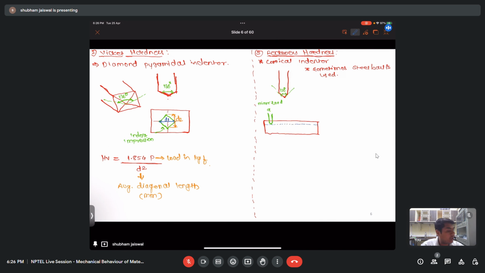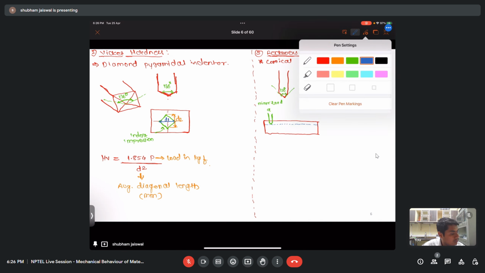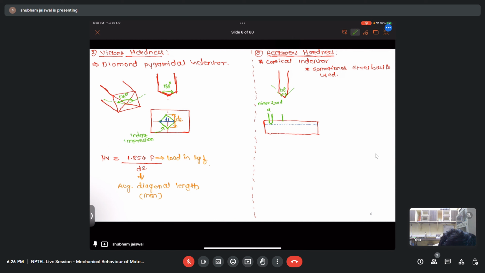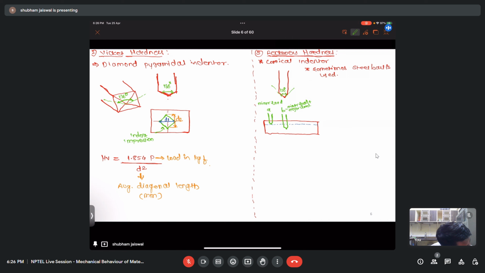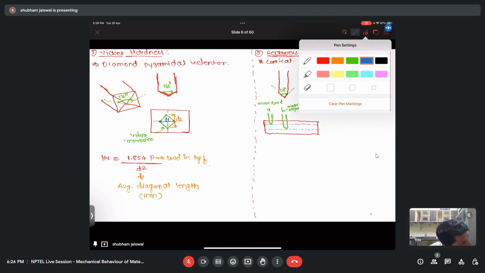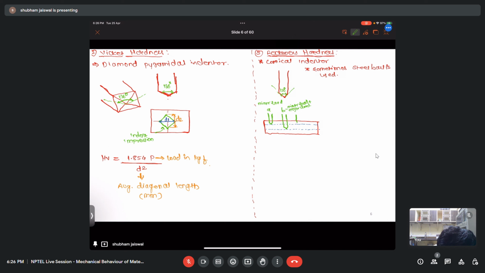Then after that we apply the major load. So in B we have minor load plus major load. Then we'll remove that minor load after some time. This major load will produce some indentation depth. Then we will remove the major load, and again I will get back to this position.